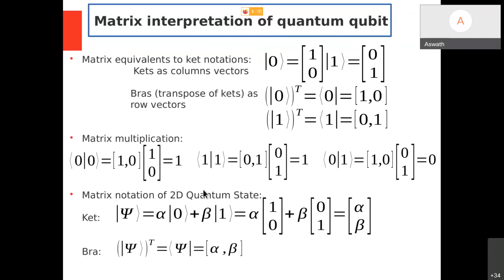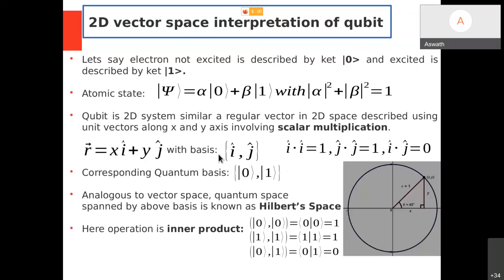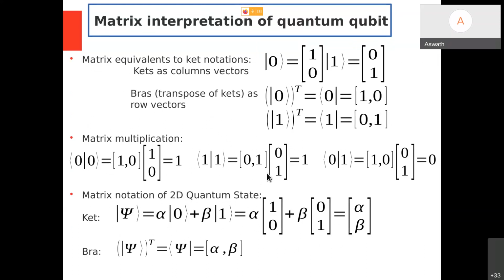Okay. So to understand that inner product, the multiplication or some kind of operation existing between the base vectors of a quantum state, 0 ket and 1 ket, the best way is bringing in the matrix interpretation. So what is that matrix interpretation?